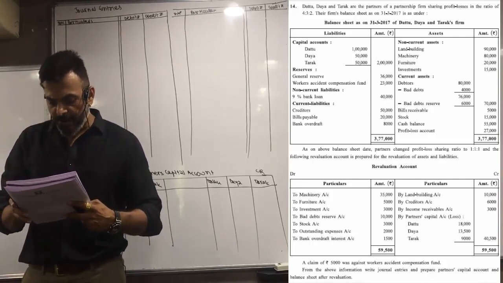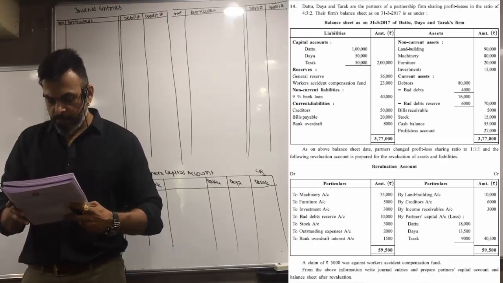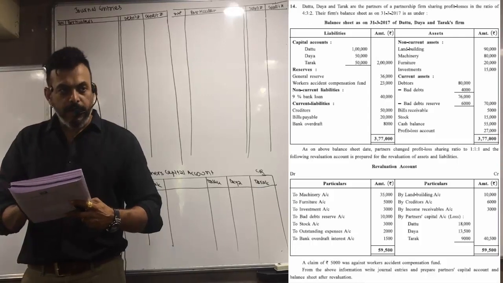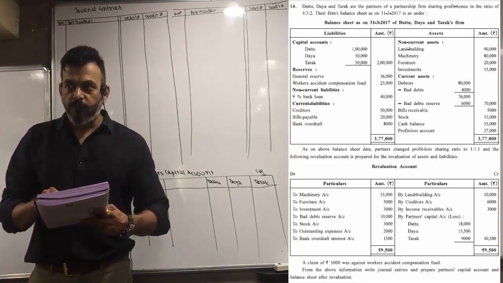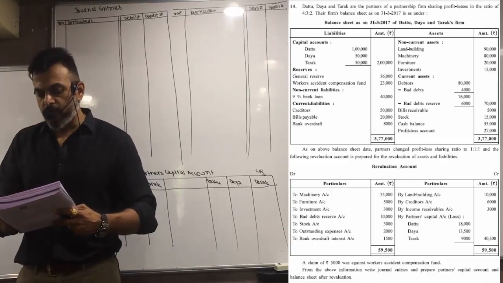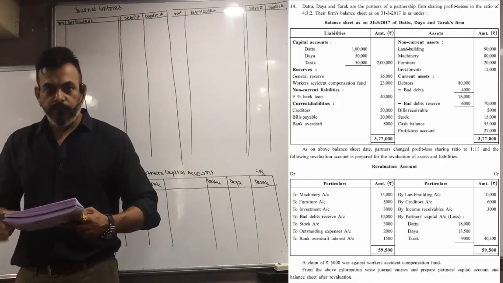Bills receivable 5,000, stock 15,000, cash balance, and we also have profit and loss account debit balance, which is accumulated loss, distributed between partners 4:3:2. Mark it, tick the profit and loss account.